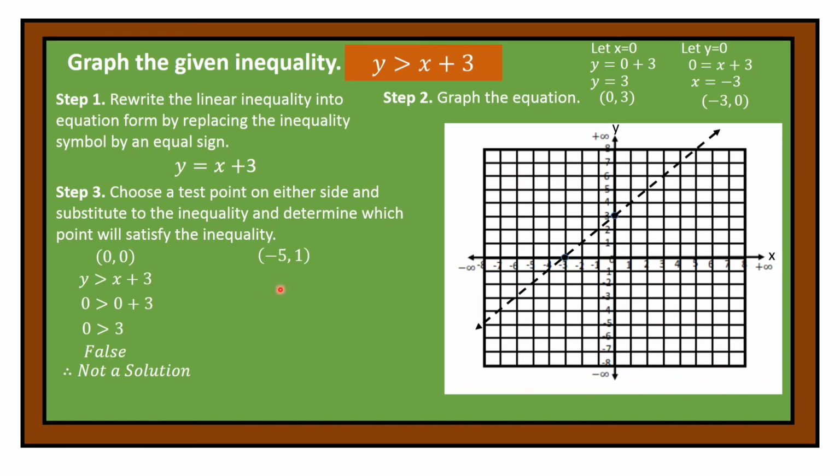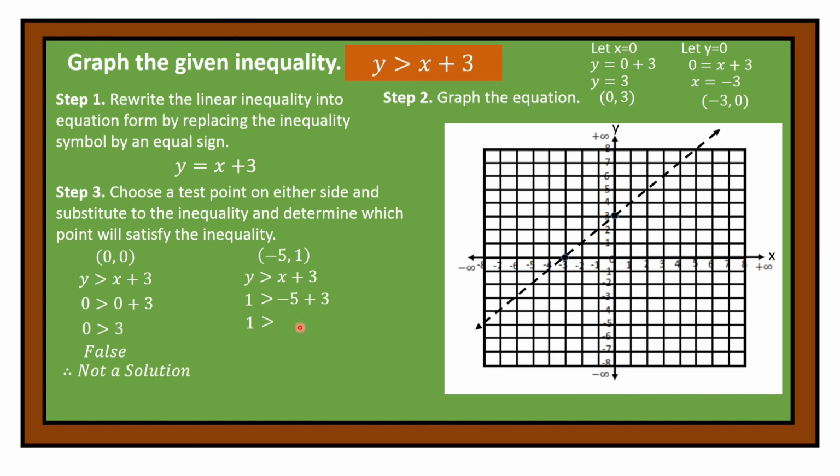So, negative 5, 1. So, negative 5 para sa x at 1 para sa y. So, this will be 1 is greater than negative 5 plus 3.